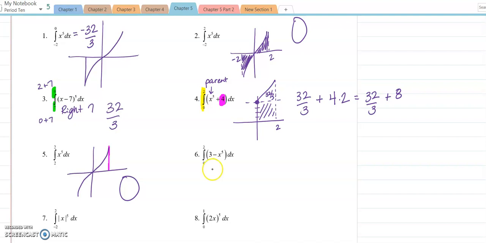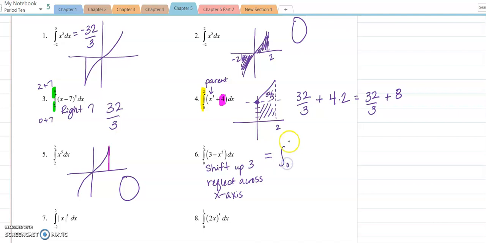Number 6 is an extension on number 4. So this is doing 2 things. This is both a shift up, and then it's also a reflect across the x-axis. And when you think of that in terms of areas, you really can break it apart.